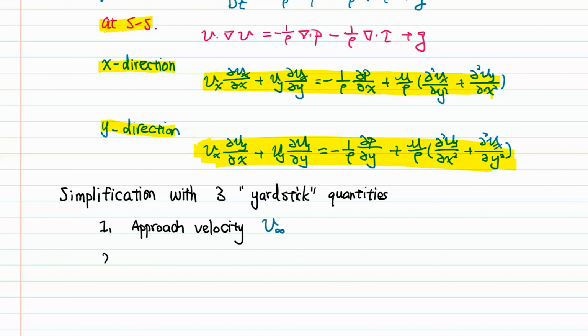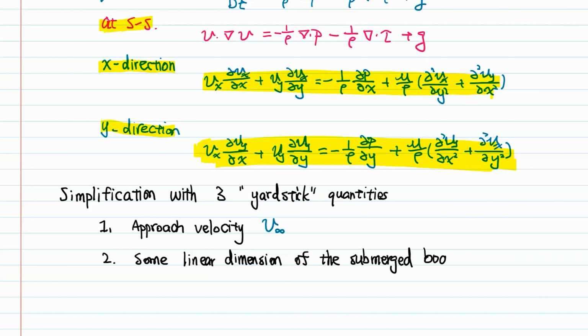The second quantity would be some linear dimension of the submerged body, which we would just say L naught.